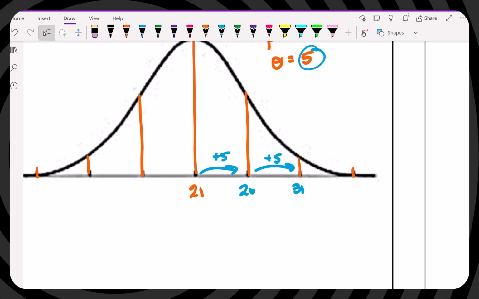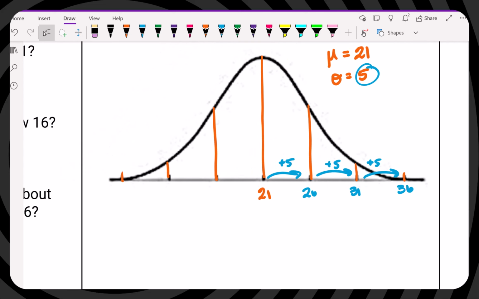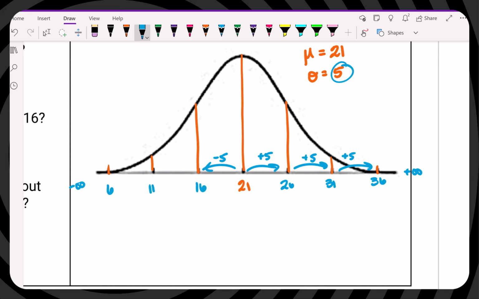And you don't have to show this work. I'm just putting it on here for your notes. 36, and then we're going to go the other side. You just have to subtract 5. So 16 subtract 5 is 11, and then you have 6. Remember, your data goes from negative infinity to positive infinity. It does not end at 6 and 36, okay?